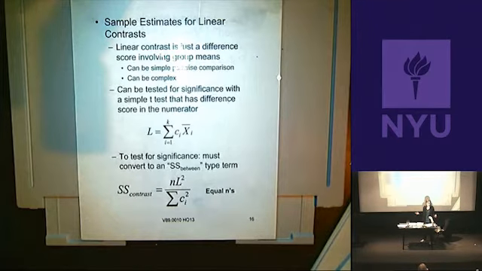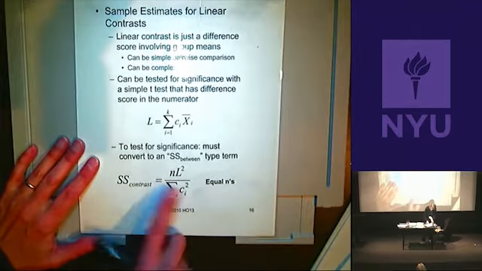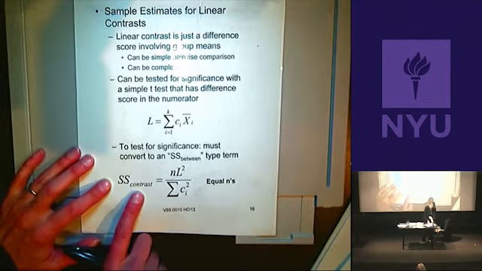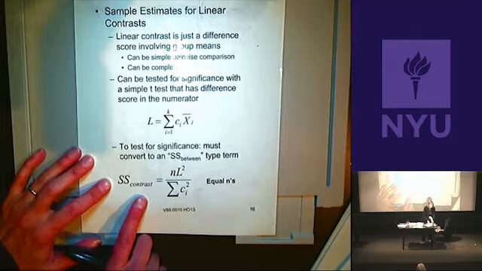Well, I start out with an SS between type thing. And then how do I get to a mean square from a sum of squares? Divide by degrees of freedom. So that's what we're going to be doing. This is going to be called SS contrast. It's like SS between, but you're testing a particular pattern here.